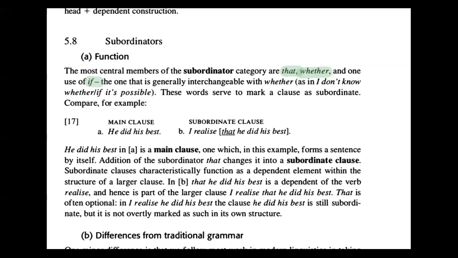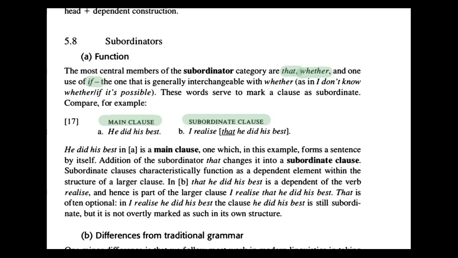Whenever we have subordinators, we get two clauses: the main clause and the subordinate clause. The main clause is something that we cannot delete, skip, or ignore, like he did his best. If I want to make it two clauses, I realized that he did his best.